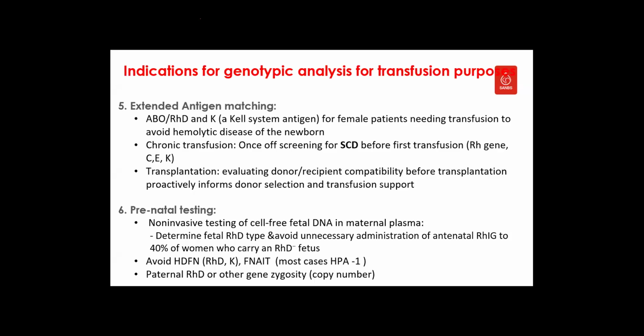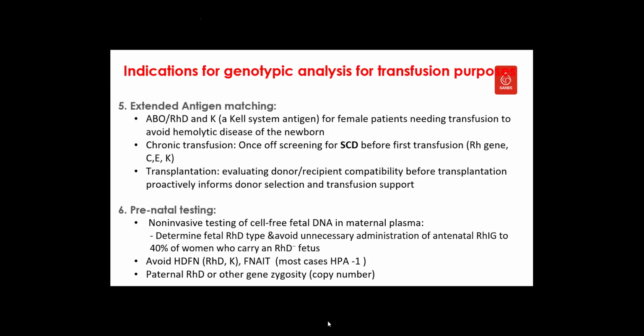Then the sixth indication is prenatal testing, and ideally this should be done non-invasively on cell-free fetal DNA in maternal plasma. In other words, using a maternal sample and isolating cell-free fetal DNA. And the value here is obviously you can determine the fetus's RHD group and assess the risk of hemolytic disease of the newborn.